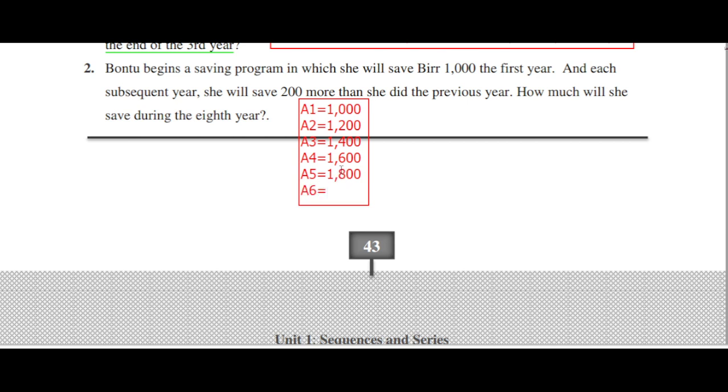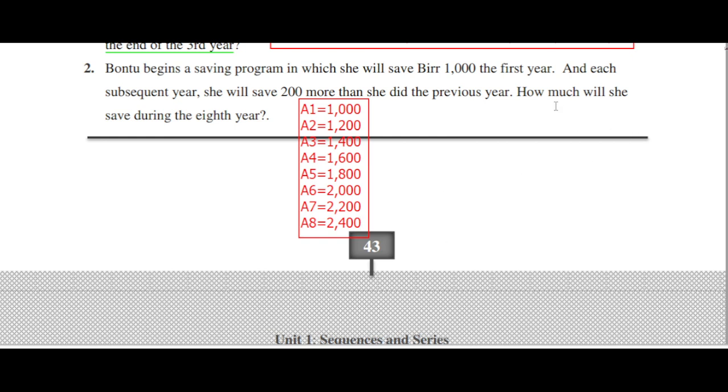A6 is 1,800 plus 200, 2,000. A7 is 2,000 plus 200, 2,200. A8 is equal to 2,200 plus 200, 2,400.